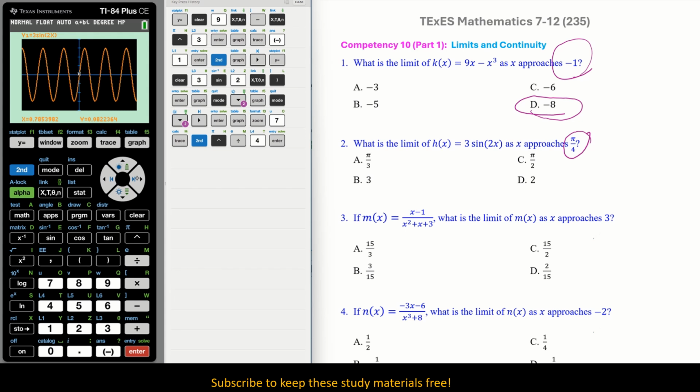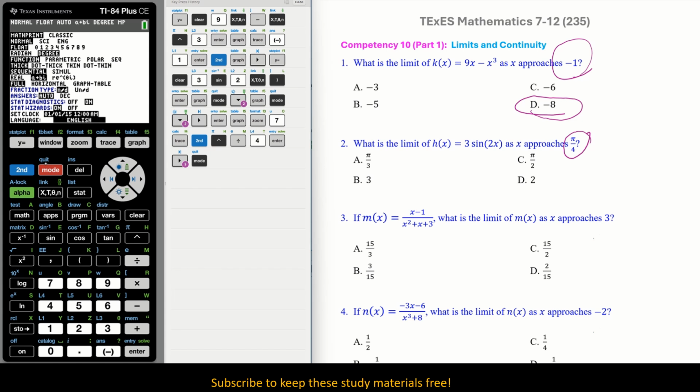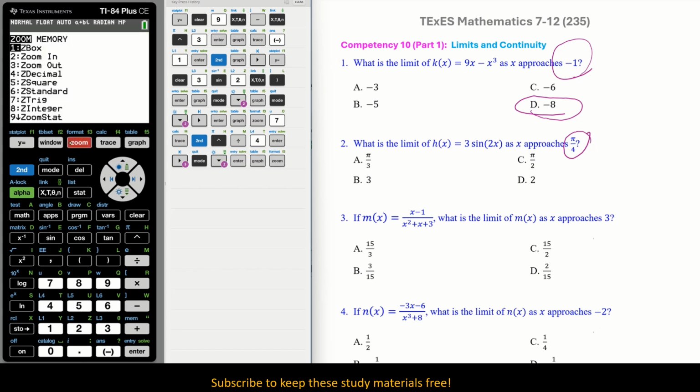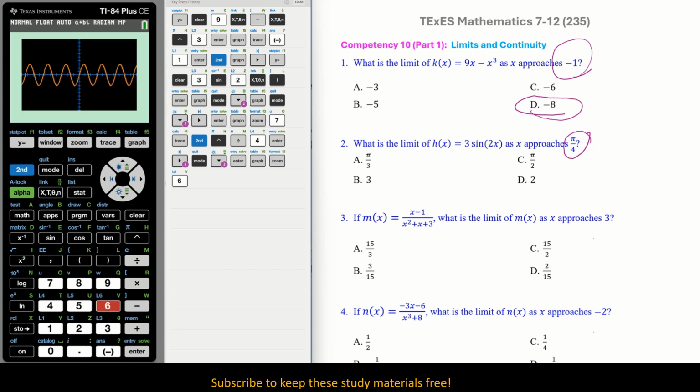So this one doesn't always work like that. Let's go back to our radians and graph. Oh my goodness, we need zoom 6. There we go. It was on zoom 7.